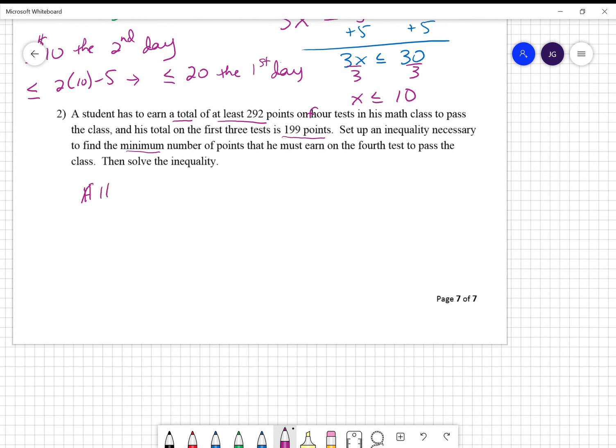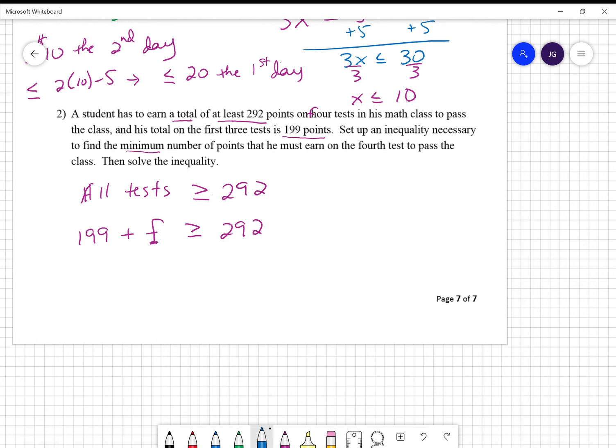all tests has to be greater than or equal to 292. Total at least. So at least means 292 or bigger. His first 3 tests are 199 plus, I'll use F for my 4th test, has to be bigger than or equal to 292 points. So I need to figure out how much he needs to make on that test.